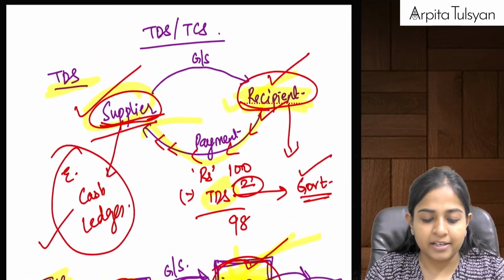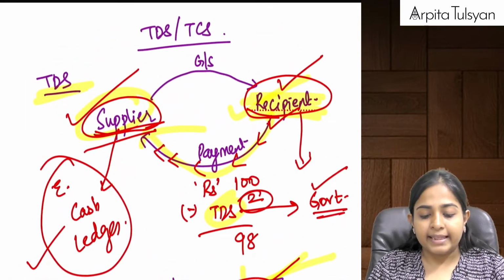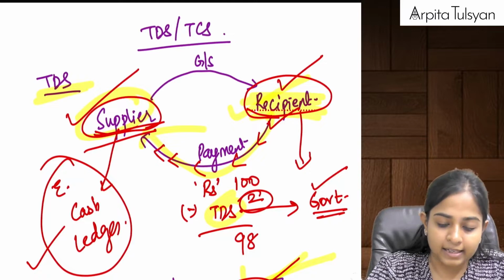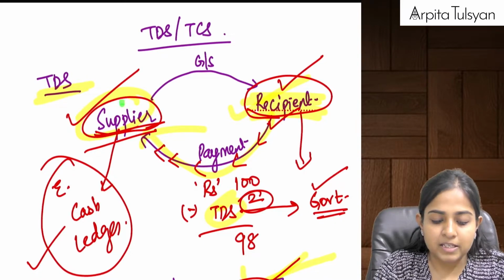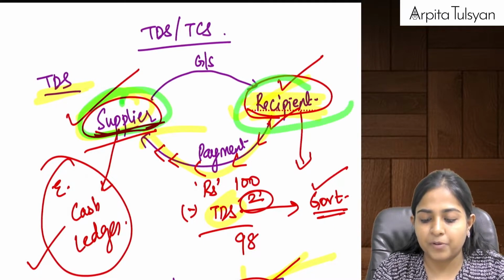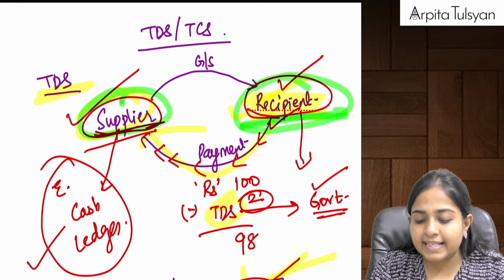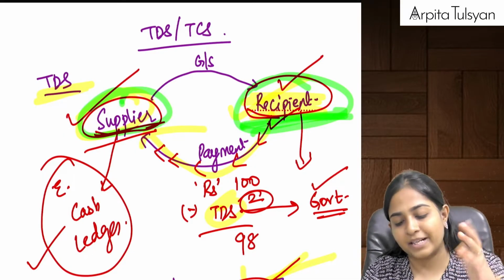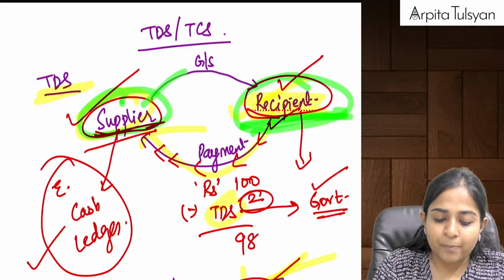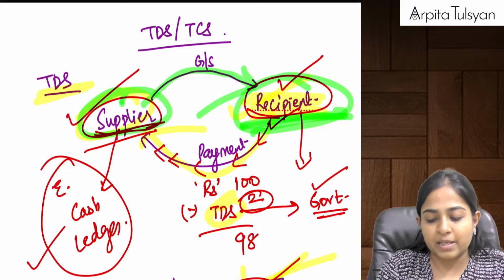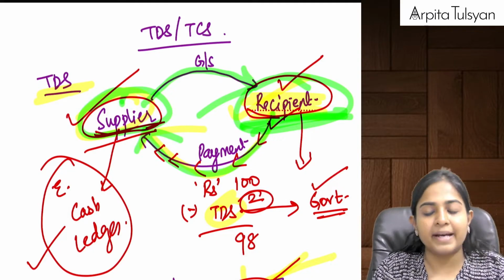Now, let's say here, can you see here on the board, there is a person called as supplier, then there is a person called as recipient. These recipients are some notified recipients which we will study. Supplier will provide taxable goods or services to the recipient for which payment will be done by the recipient.